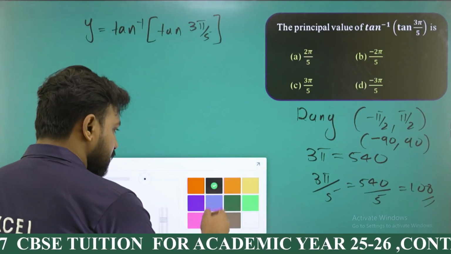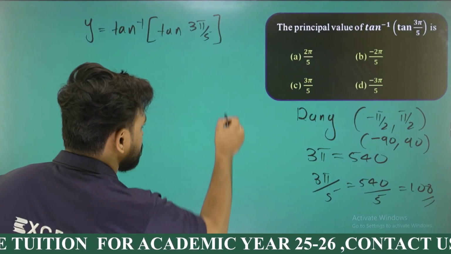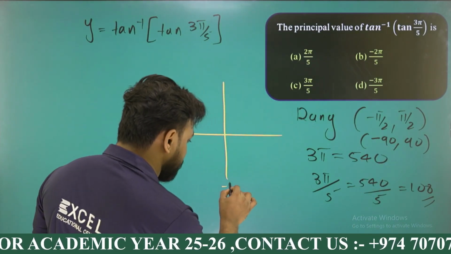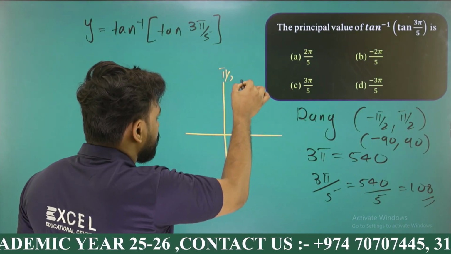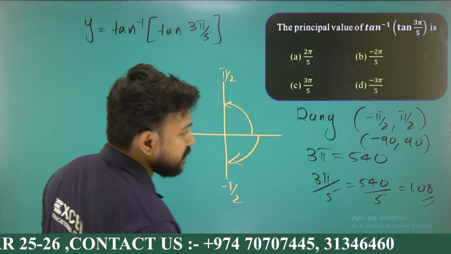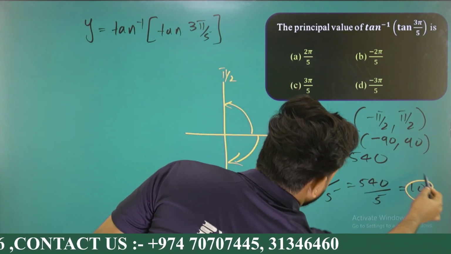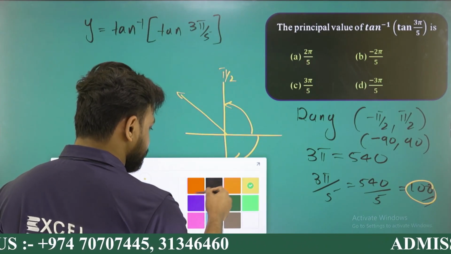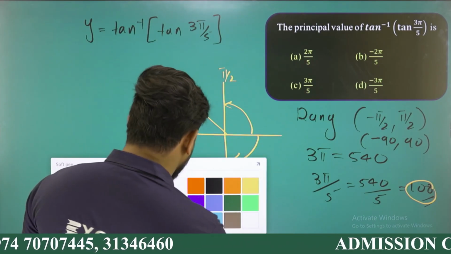Where is it? Listen very carefully. This is how I answer this. Here you can see your range is from minus pi by 2 to pi by 2. You can have the values in the first quadrant and the fourth quadrant in the negative direction, but you have 108. It's here. Your value lies there. What's your value? 3 pi by 5.